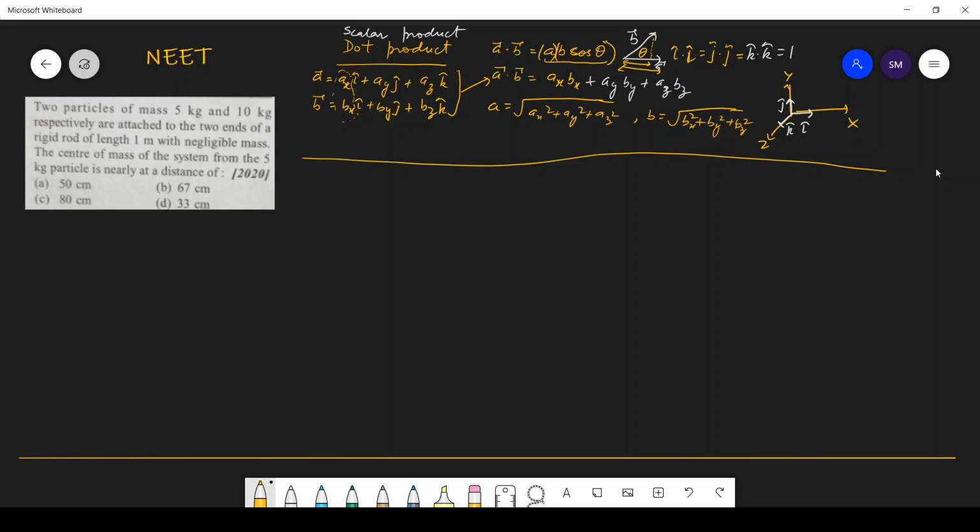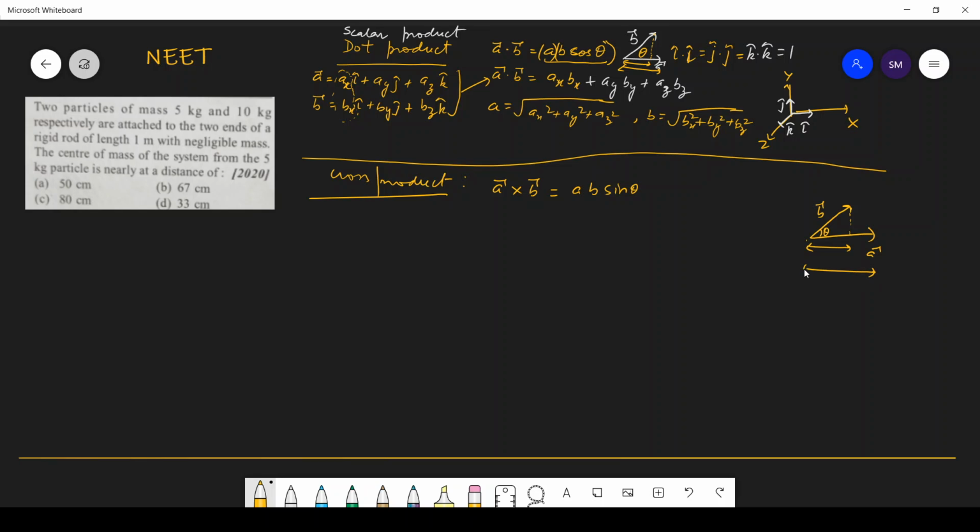Now if we talk about the cross product, it's a vector product, meaning the resultant is a vector. So a cross b equals ab sine theta. Here, this is vector a and this is vector b.